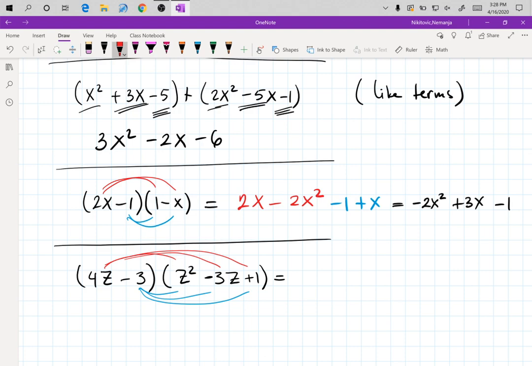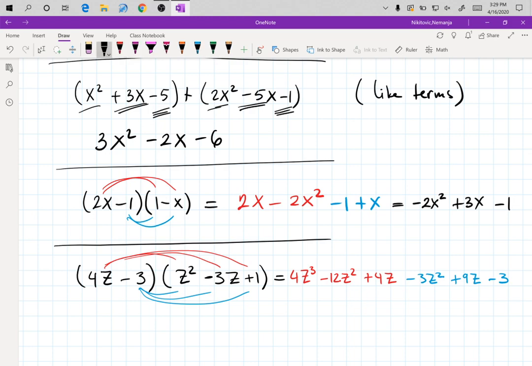So the red terms are 4z cubed minus 12z squared plus 4z, and then on blue minus 3z squared. Minus and minus will give me plus, so plus 9z. And the last one is negative 3.